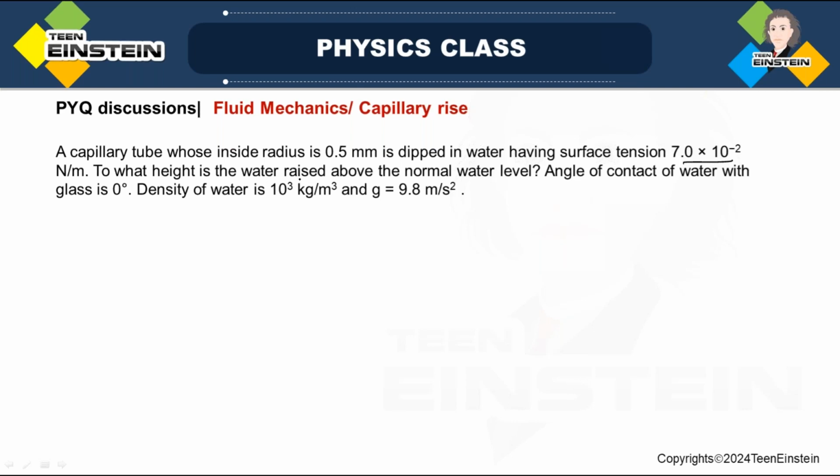To what height is the water raised above the normal water level? Angle of contact of water with glass is given as 0 degree. Density of the water is also given, and g we have to take 9.8 meter per second square.